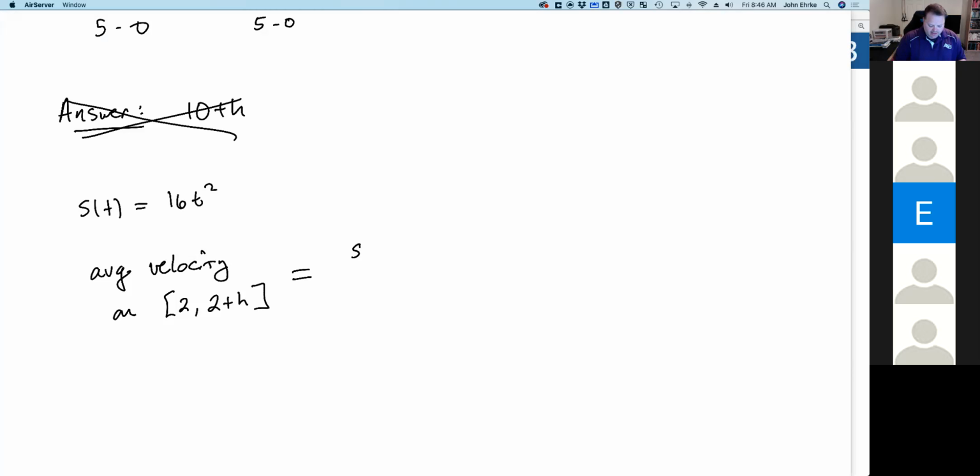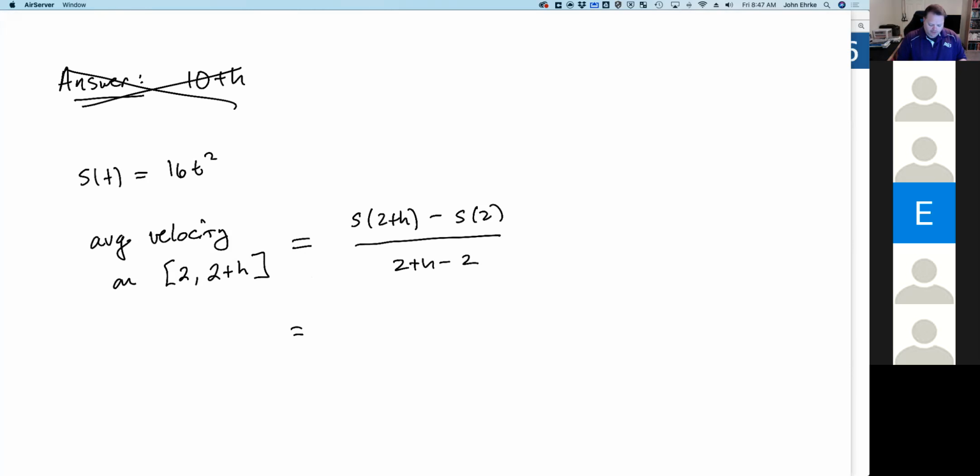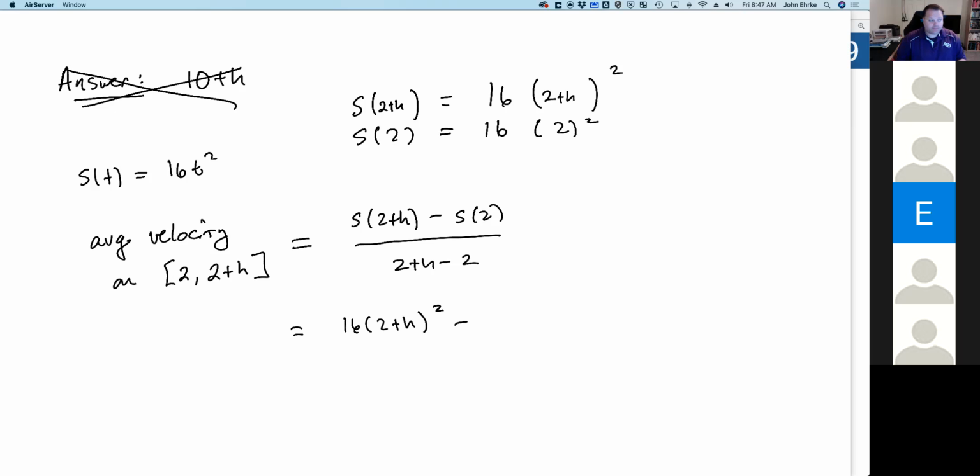So it's s of 2 plus h minus s of 2, over 2 plus h minus 2. s of 2 plus h is 16 times whatever squared, so this would be 16 times 2 plus h squared, minus s of 2, which would be 16 times 2 squared.